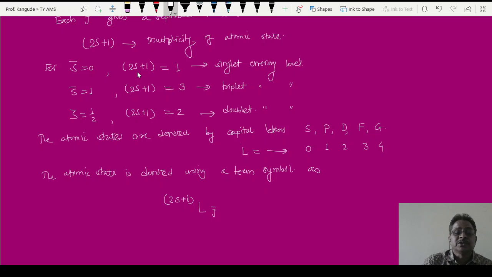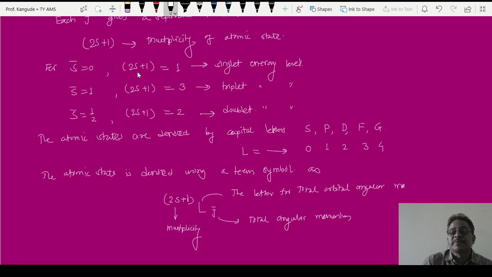So here, as I mentioned earlier, this is the multiplicity, this is the total angular momentum, and this is the letter for the total orbital angular momentum.